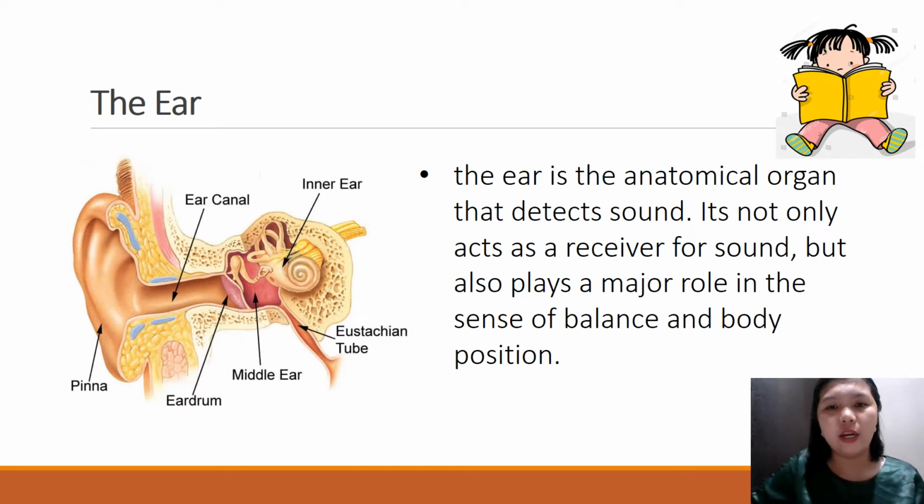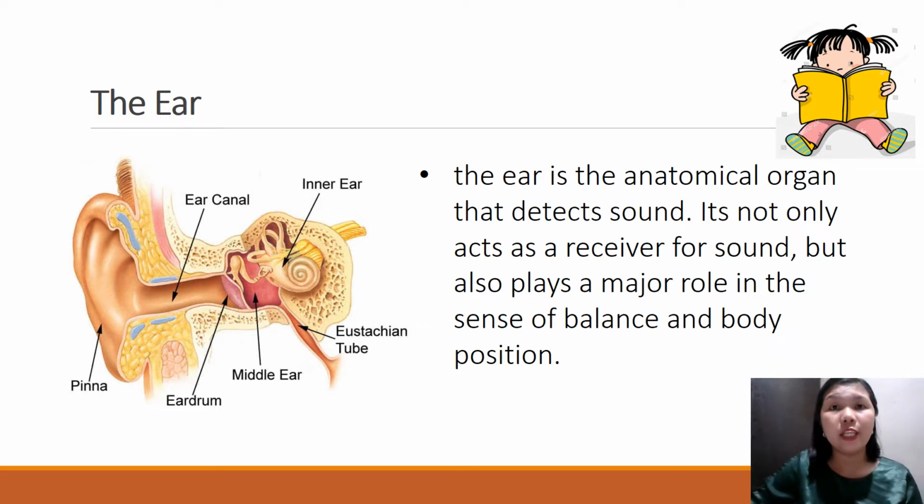Next is the ear. Our ear is the anatomical organ that detects sound. It not only acts as a receiver for sound, but also plays a major role in the sense of balance and body position.